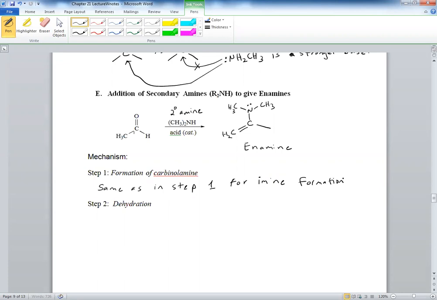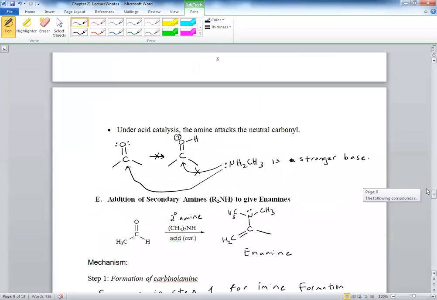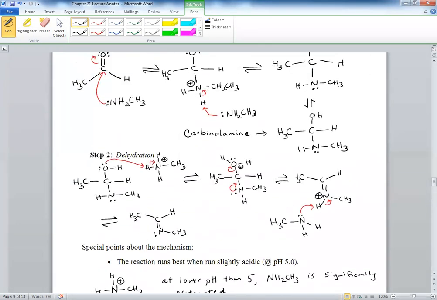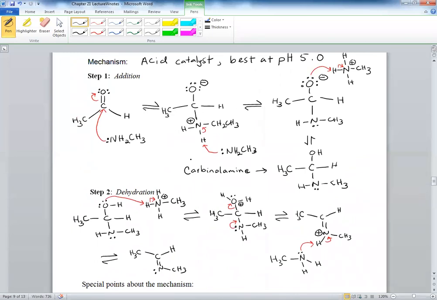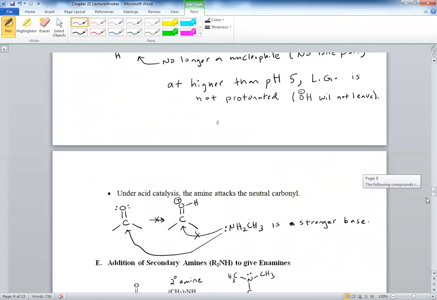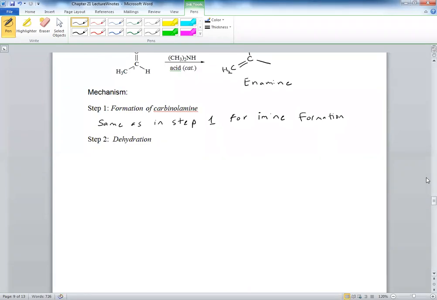It's the same thing. You may, if you would like, copy it underneath here. So it's this step right here, the formation of the carbinolamine. And then the second step is the dehydration, but it's slightly different. So let's look at it.